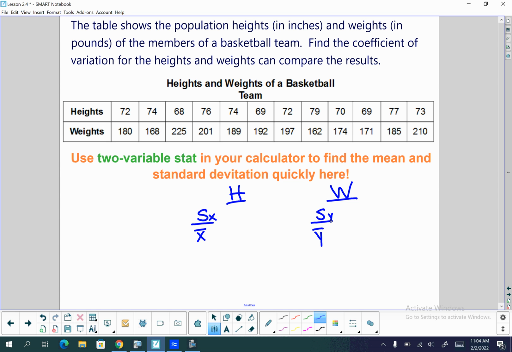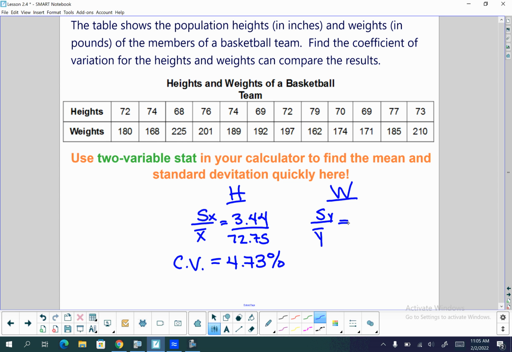What's the standard deviation of the x values? 3.44. Okay, and what's the x bar? Okay, if I divide those, 3.44 divided by 72.5, turn it into a percentage, 4.73%. That's the coefficient of variation for the heights.